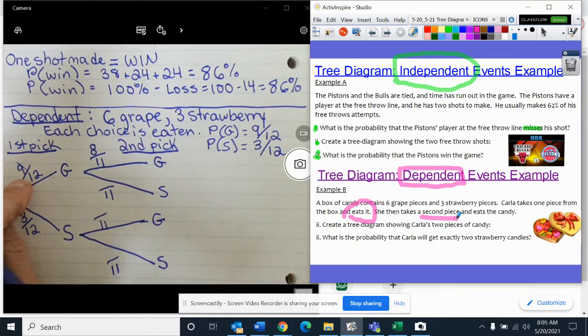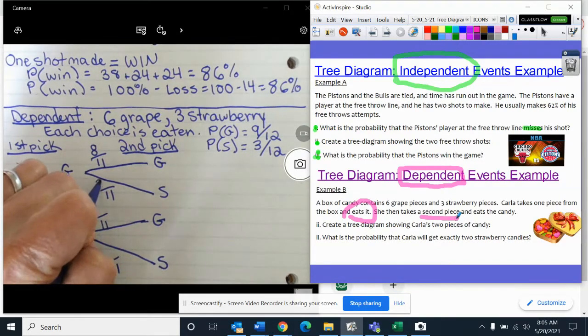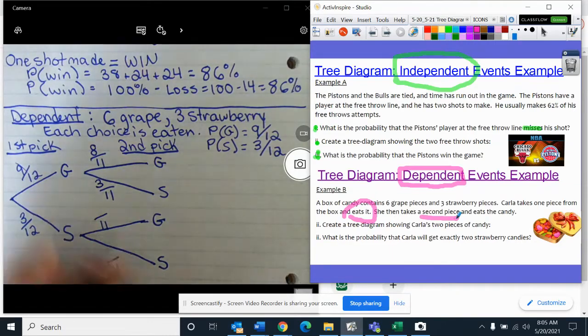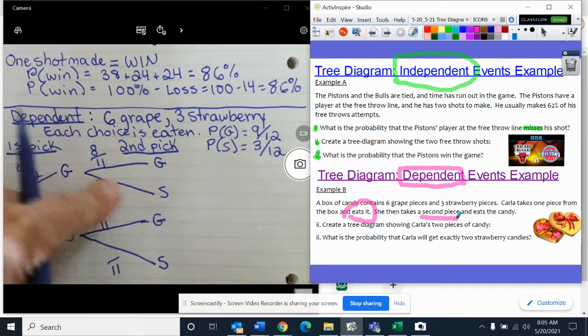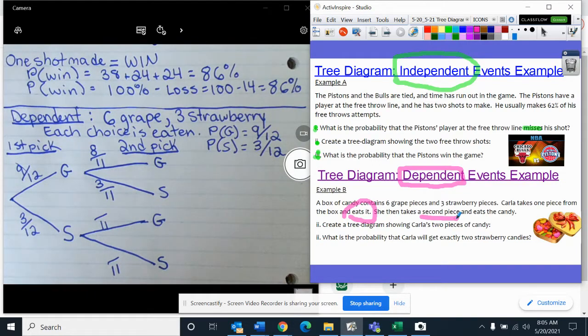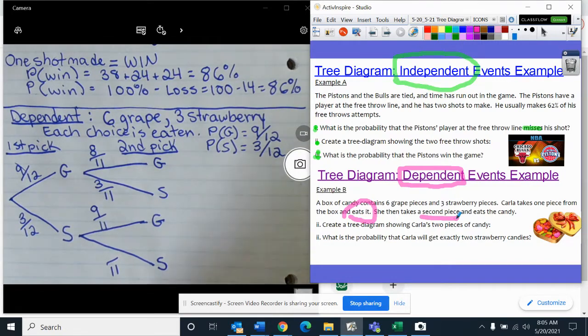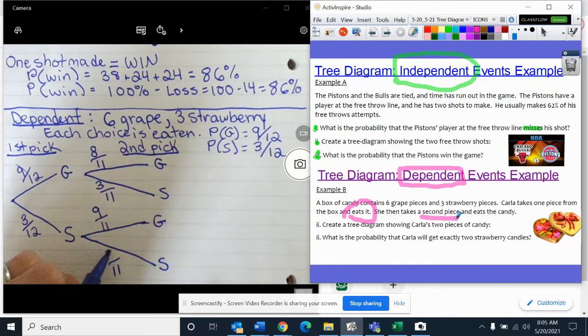Suppose the first one was grape, then all of the strawberry are still in the box. And notice 8 plus 3 is 11, and 11 over 11 represents all the possibilities for the second pick if the first was grape. But now, what if the first was strawberry? Well, we still have 9 pieces of grape candy. But if the first one was strawberry, then there's 1 less strawberry in the box. So there's 2.